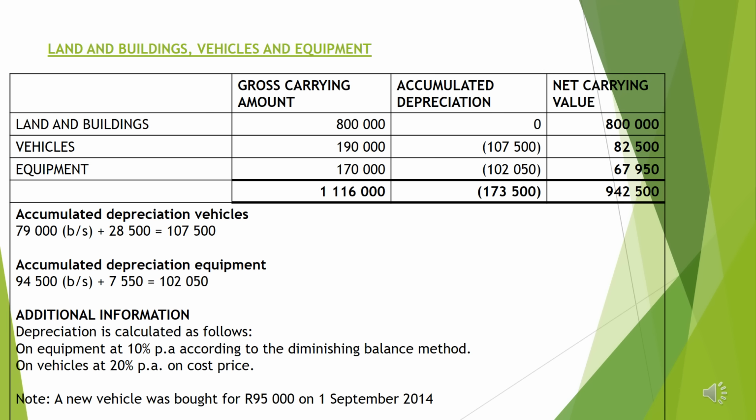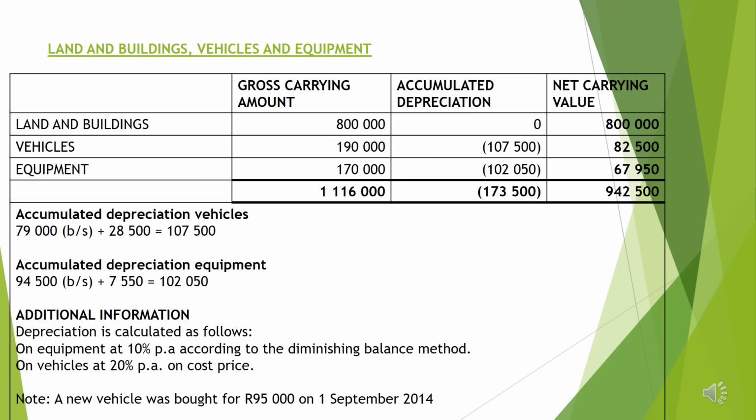Then we are done with the slide. So this part, your gross carrying amount, you are referring to your pre-adjustment trial balance. Then this one, your net carrying value, you are referring to your statement of financial position or balance sheet.